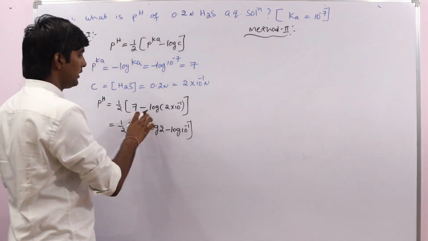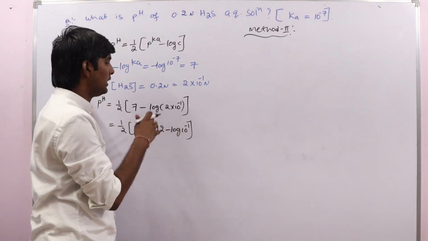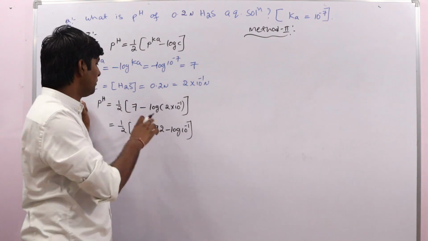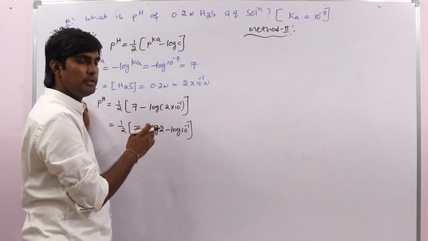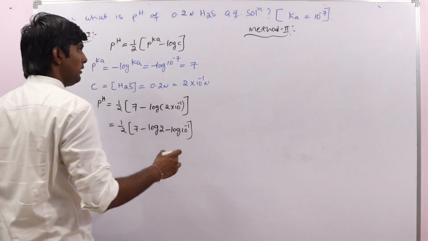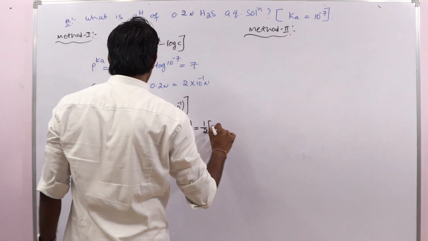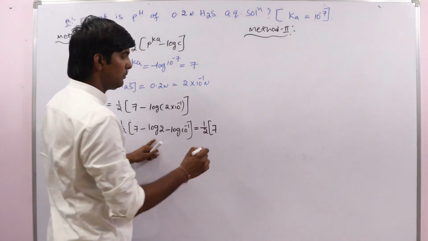So now we are expanding this. This is in the form of log A into B, so we can write log A plus log B. But here we have minus, so minus log 2 minus log 10 power minus 1 we get. So if you simplify this, 1 by 2, 7, log 2 how much?